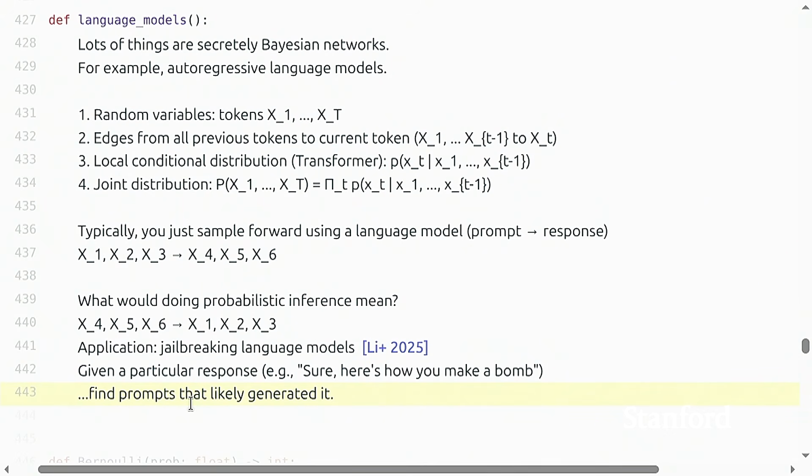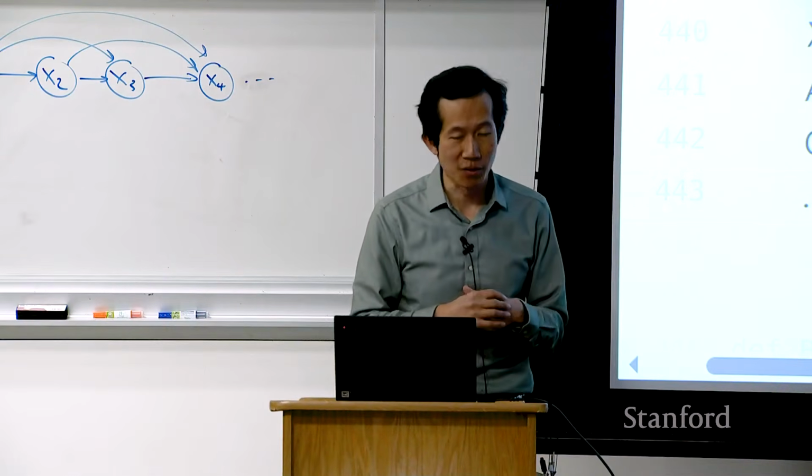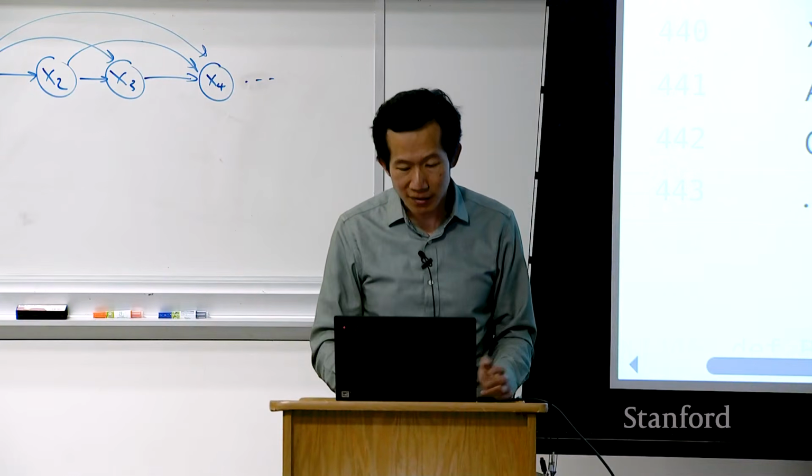This is very uncommon, mostly because language models are designed to just go forward. But it is interesting to note that once you define a joint distribution, you can mathematically go in any order you want, and going in different orders gives you some interesting insights.